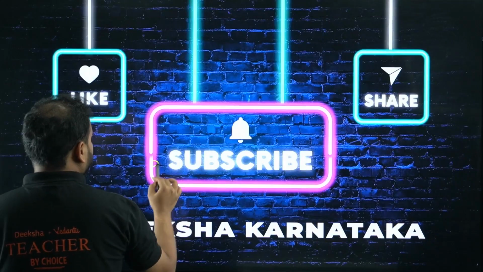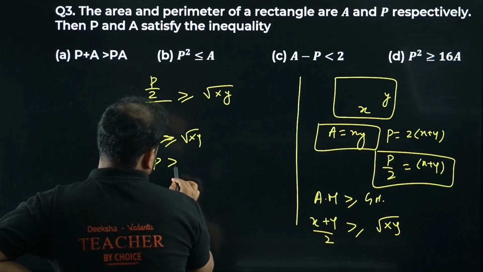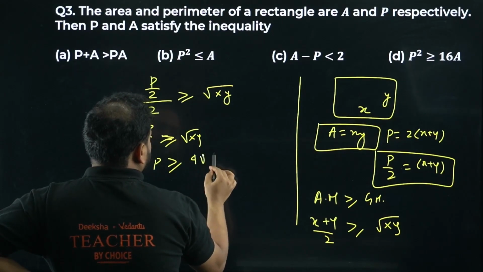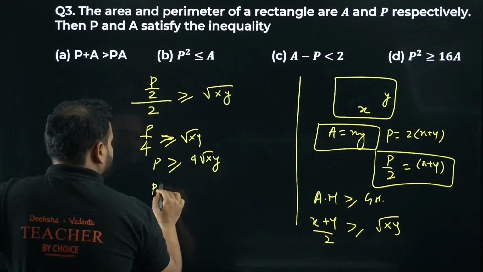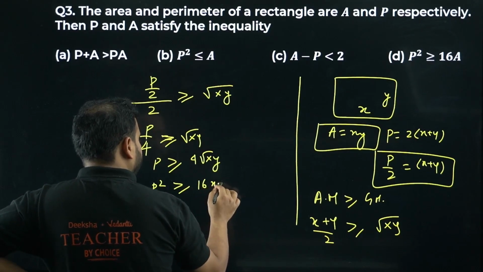So I get P is greater than or equal to 4 root xy. Take the whole square, it will become P square is greater than or equal to 16xy.